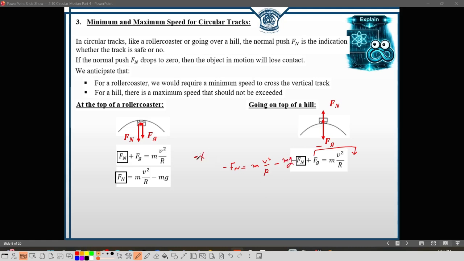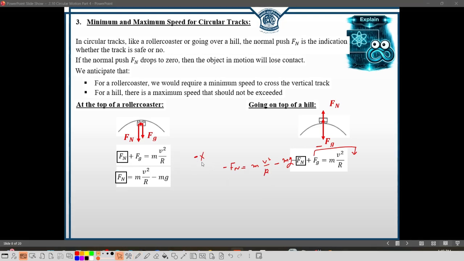Now multiply both sides by minus. Minus times minus is a plus. Minus times mv squared is minus mv squared, and minus times minus mg is plus mg. So at the top of a hill, the normal push is written this way: mg minus mv squared over r.